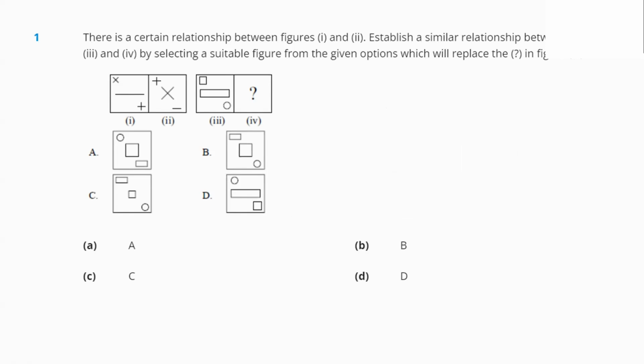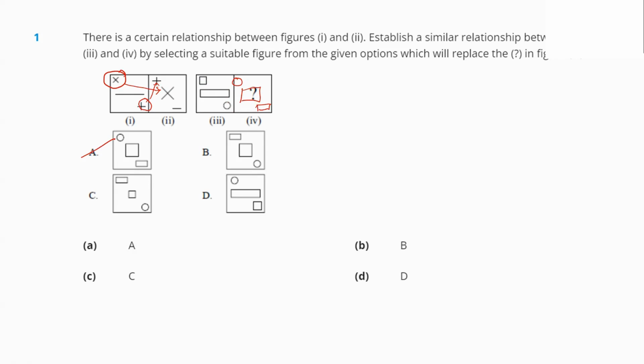As we can see, in this figure the multiplication sign is moving here and getting bigger. So the square will move to the middle and get bigger. The addition sign is moving this way, so the circle will be here, and the rectangle will be in the right hand side corner. So our answer will be option A.